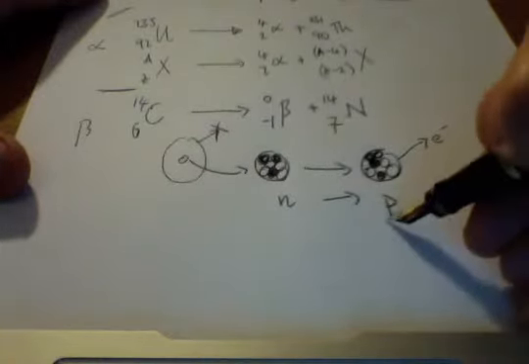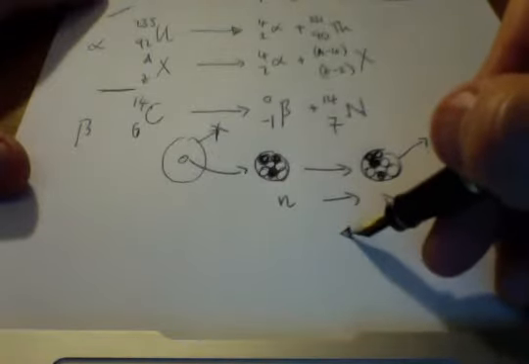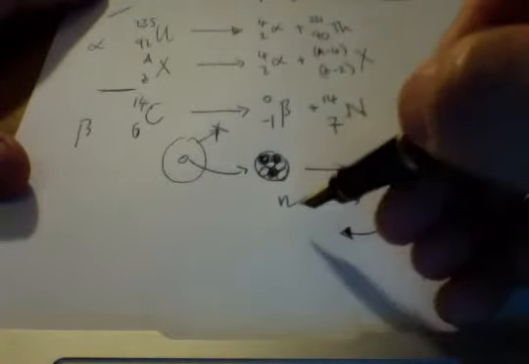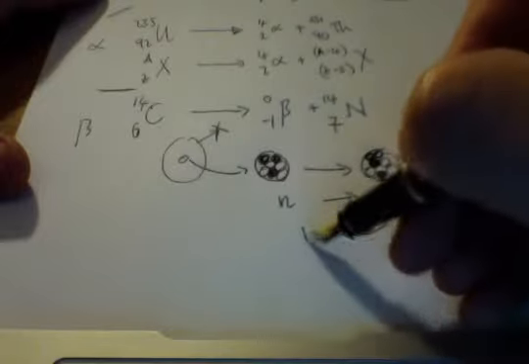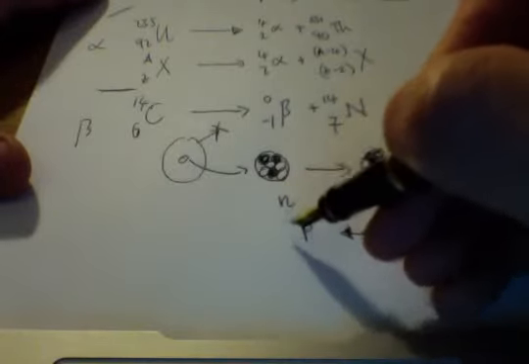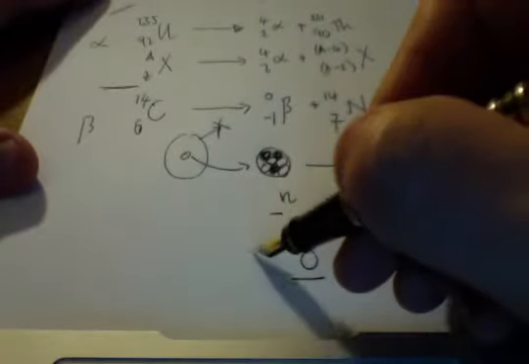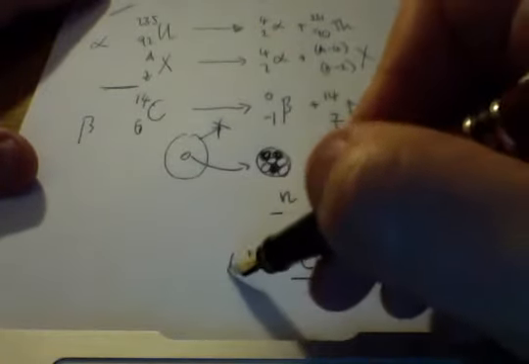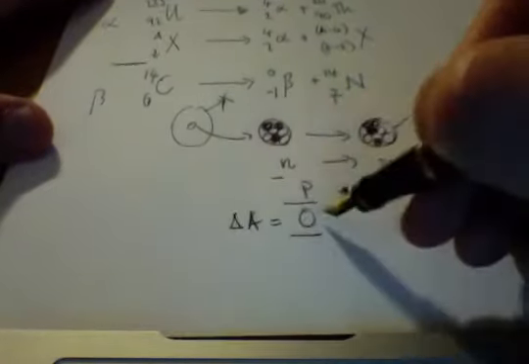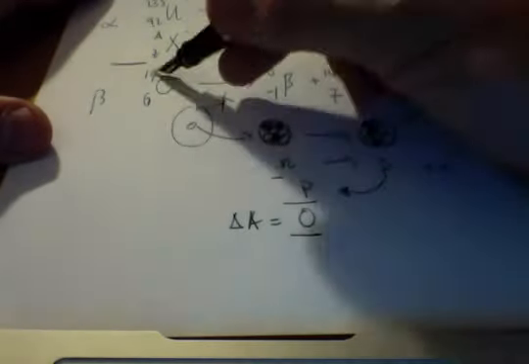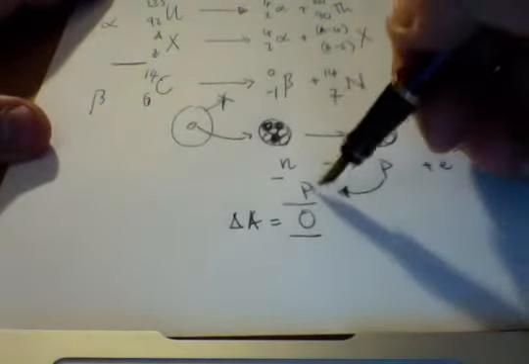Of course, the proton is retained inside the atom, so you've lost a neutron but you've gained a proton, so the change in the number of nucleons is 0. You don't get a change because you've lost a neutron but you've gained a proton.